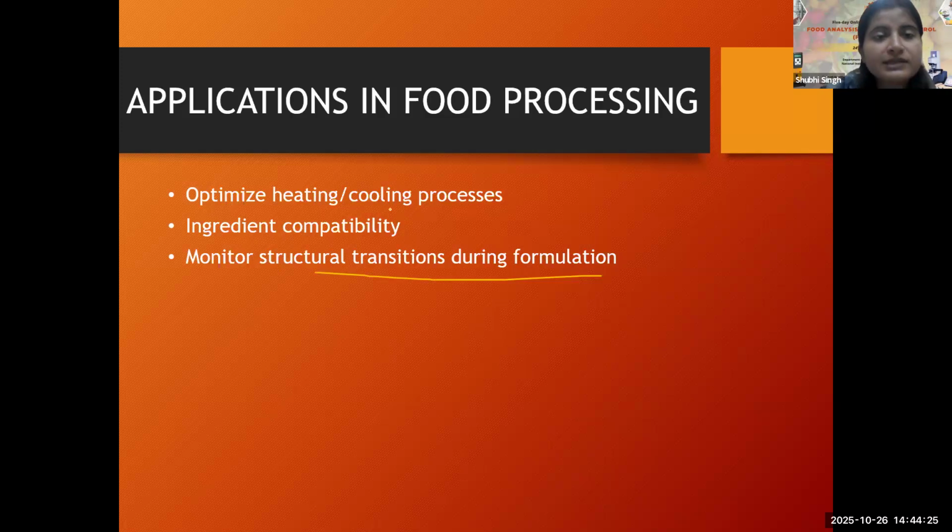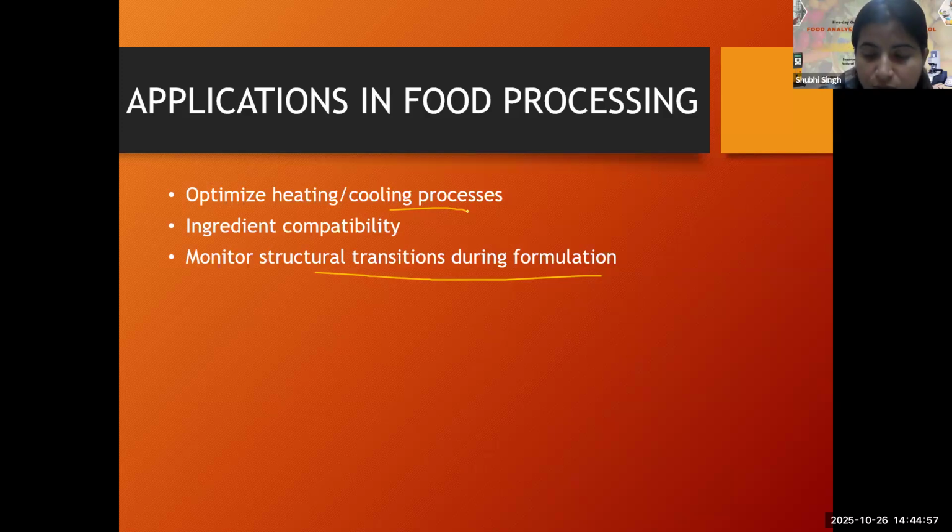So basically optimize heating and cooling process. While you are developing any food material, you can check at what temperature your food starts losing its crystallinity, or what will happen if you give a high temperature beyond this.